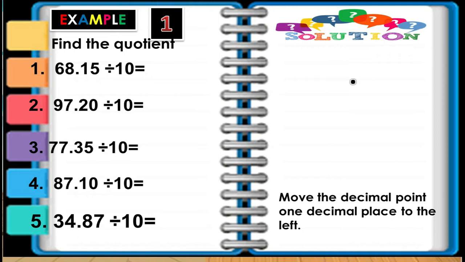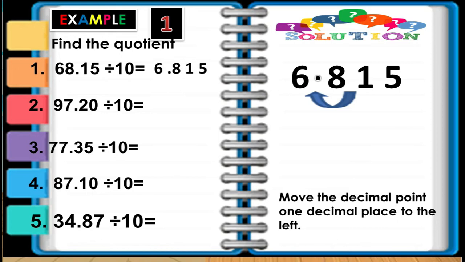There is 1 zero. So, let us divide 68 and 15 hundredths by 10. We are going to move the decimal point 1 decimal place to the left. Move the decimal point here. So the answer is 6 and 815 thousandths.